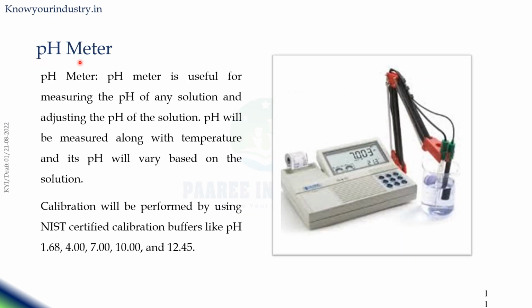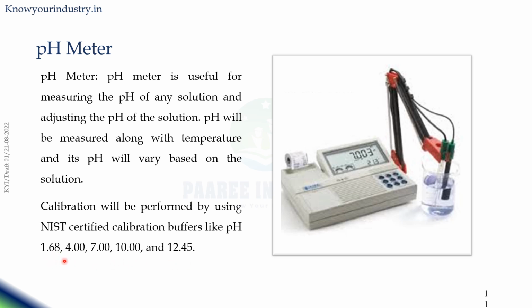Another commonly available instrument in the analytical laboratory is the pH meter. The pH meter is useful for measuring the pH of any solution and adjusting the pH of the solution. pH will be measured along with the temperature, and pH will vary based on the solution. The calibration of the pH meter will be performed using NIST certified calibration buffers like pH 1.68, 4, 7, 10 and 12.45.